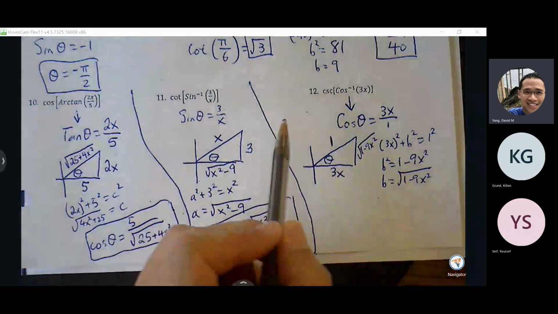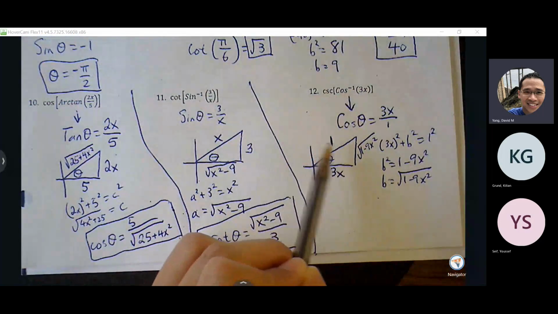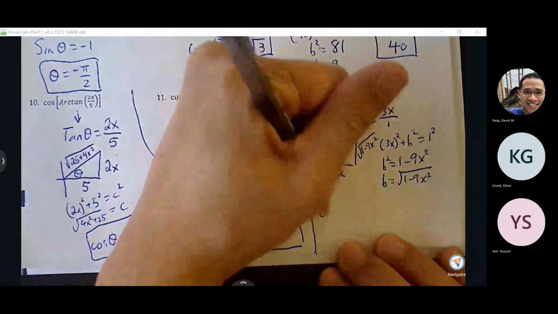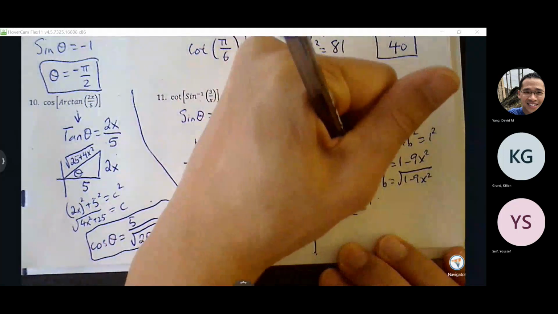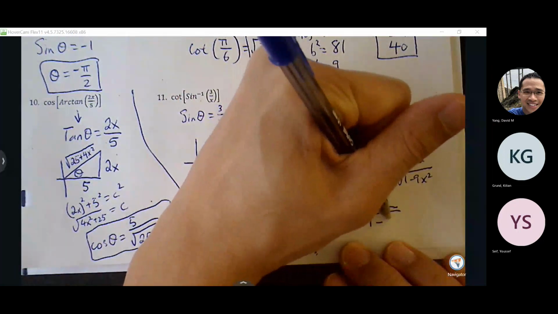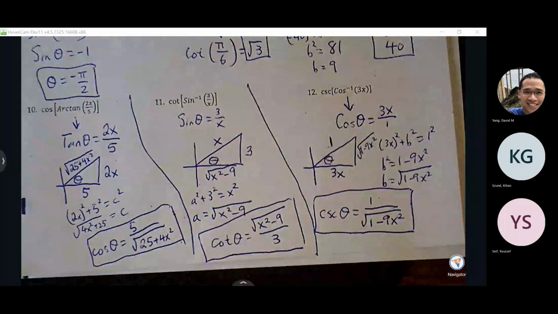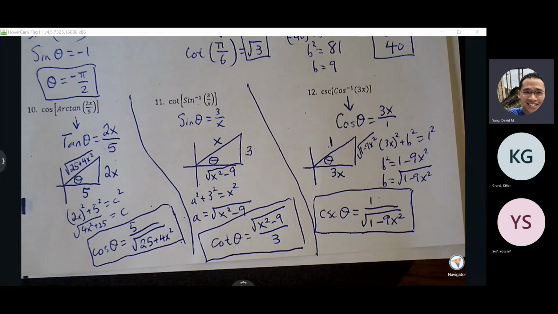Right, cosecant is the reciprocal of sine, so instead of opposite over hypotenuse, it is hypotenuse over opposite. Okay, any questions with the first page?